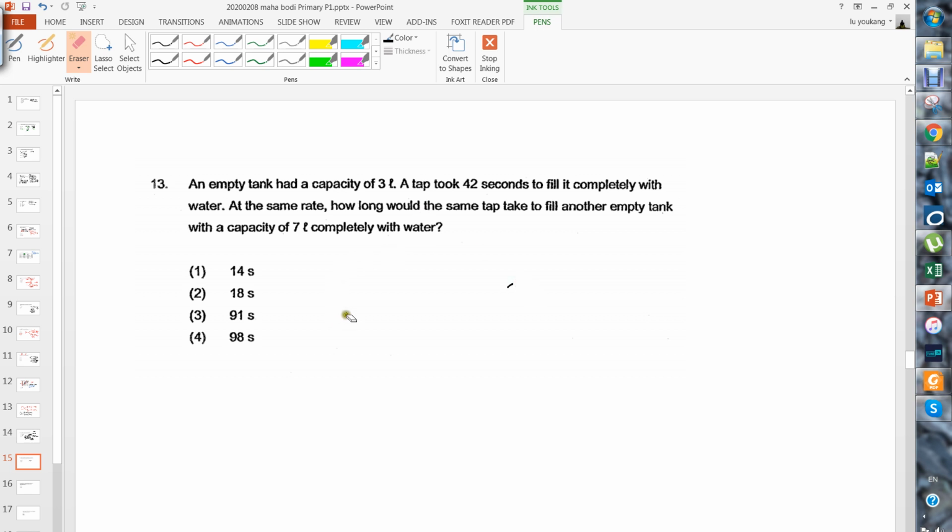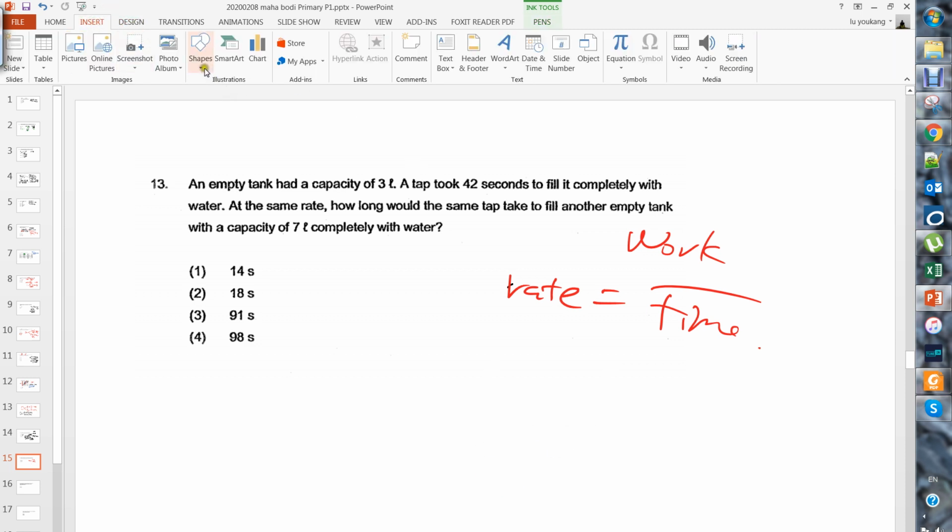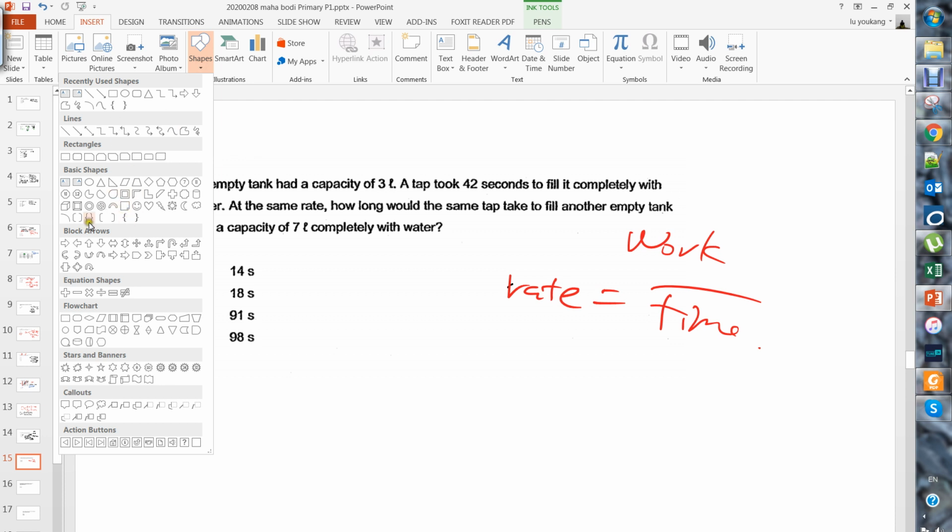Okay, by the way, it says rate, right? So what is the formula for rate? Rate is equal to accomplishment, which means work done, right? Work done divided by the time. Okay, good. So it says you have a 3 liter tank. They immediately give you a good tank.